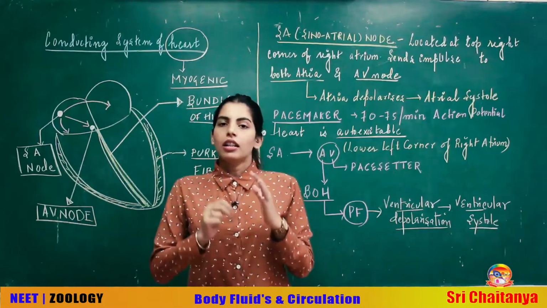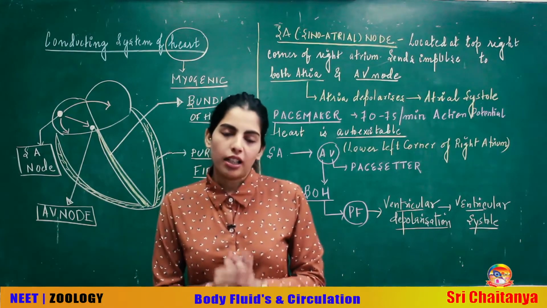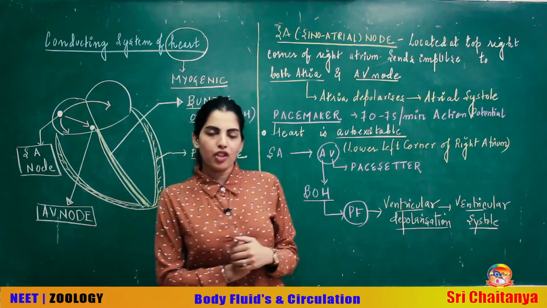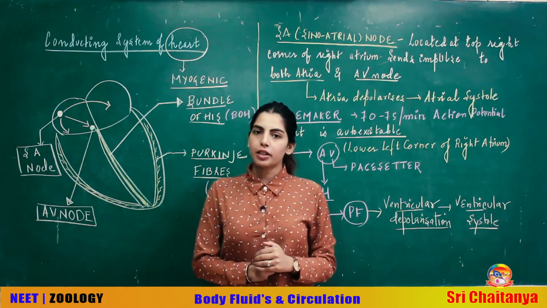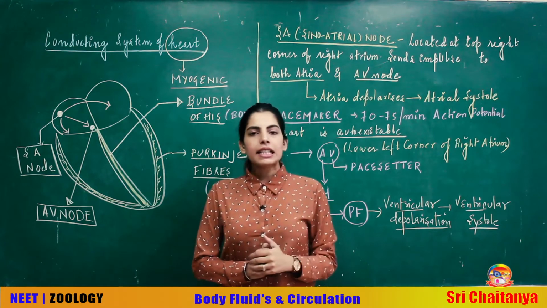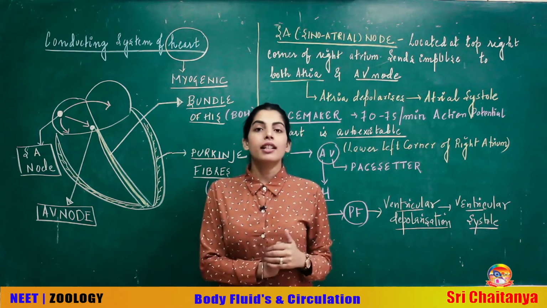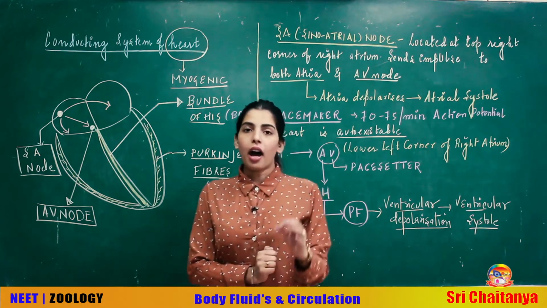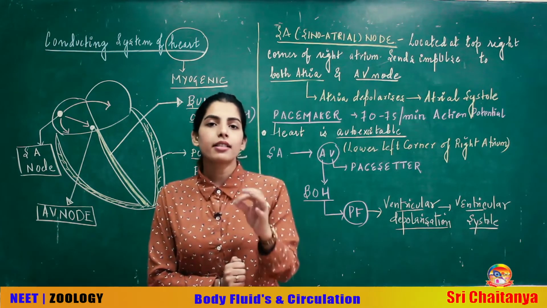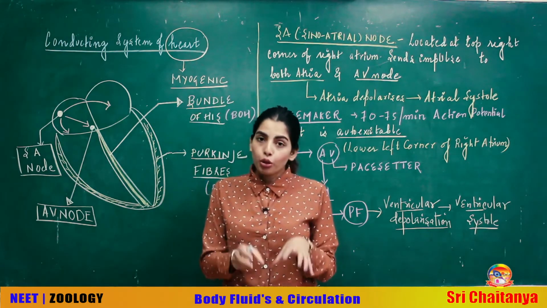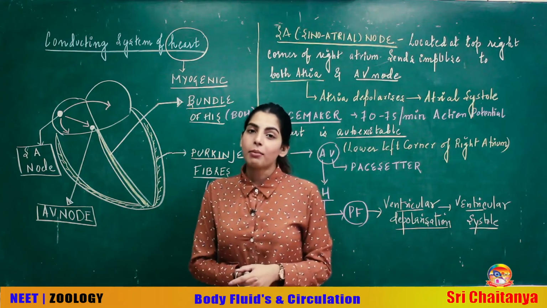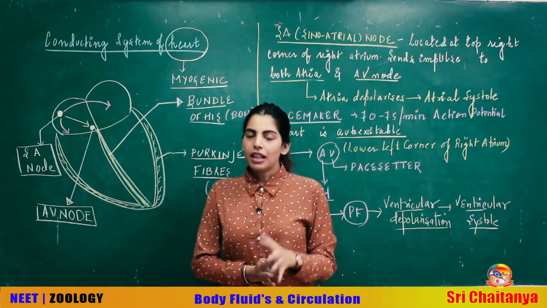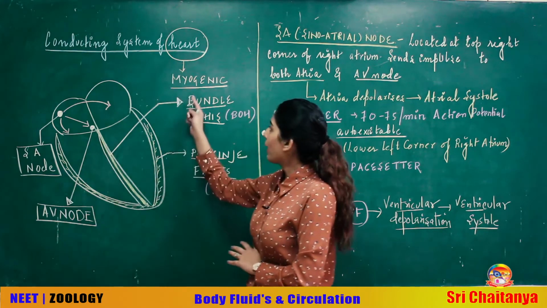Now students, let's talk about again an important part of the chapter, which is the conducting system of your heart. You need to understand that in your heart there are special muscle fibers through which your impulse can be generated. Now see, we say that our heart is myogenic.